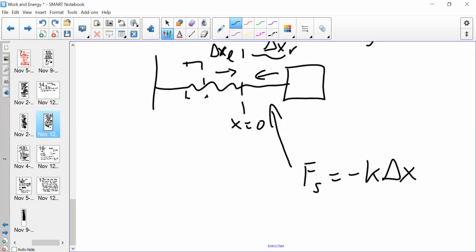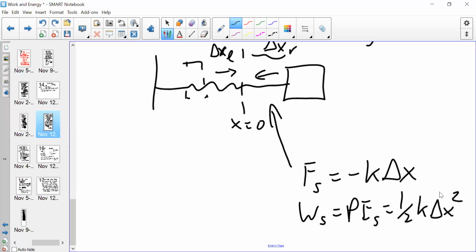And the work done by the spring force, we call either the spring energy or the elastic energy, or we can say the spring potential energy, 1/2 k delta x squared. We did that little integration problem and got to this formula.